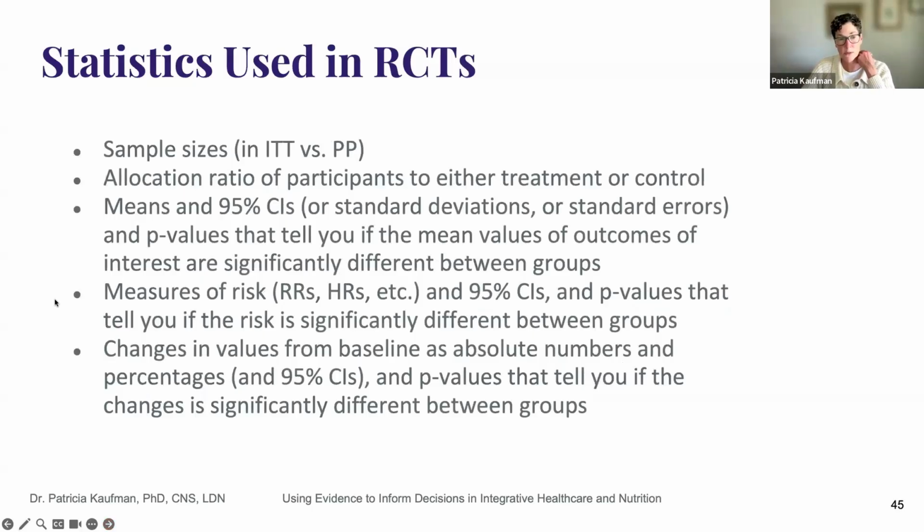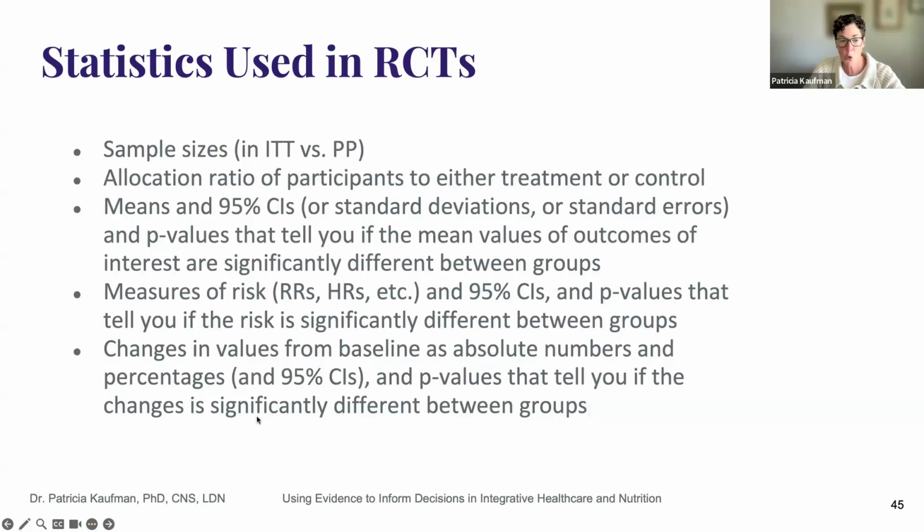What statistics are used? We typically use means and 95% confidence intervals, and we use p-values. There are also the measurements of relative risk and hazard ratios with the 95% confidence intervals. Means are used for confidence intervals as well. And we're looking at changes in values from baseline as absolute numbers and percentages.